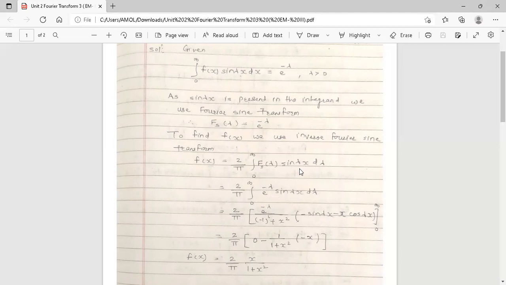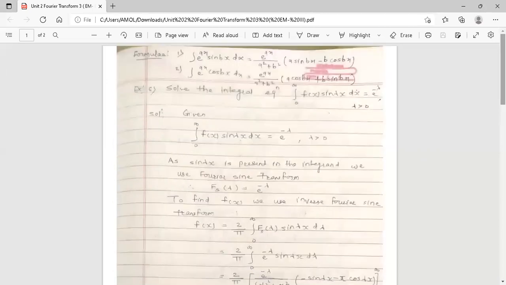There is one standard formula to solve this integration, mentioned here. The first formula is integration e raised to ax into sine bx dx is equal to e raised to ax upon a square plus b square, where a is the coefficient of the exponential function and b is the coefficient of the sine function, into bracket a sine bx minus b cos bx.